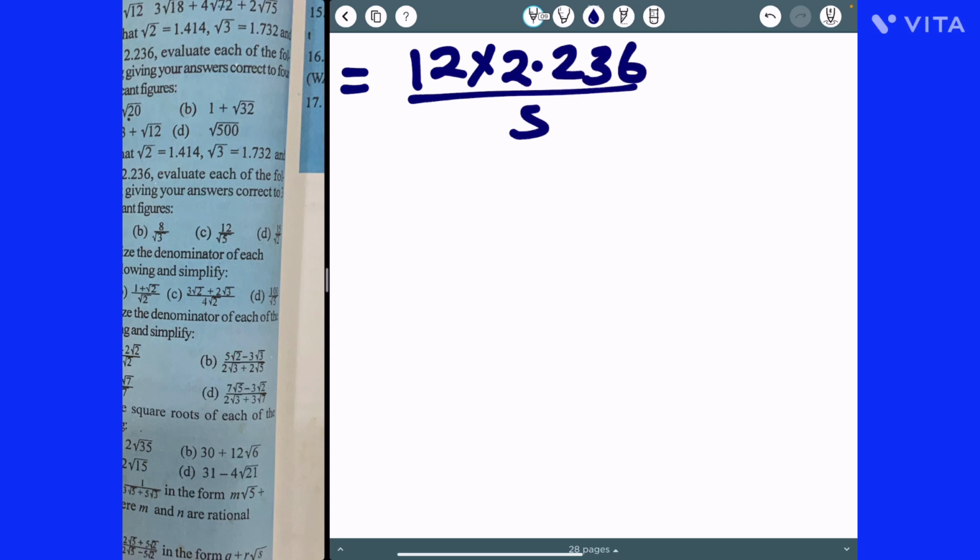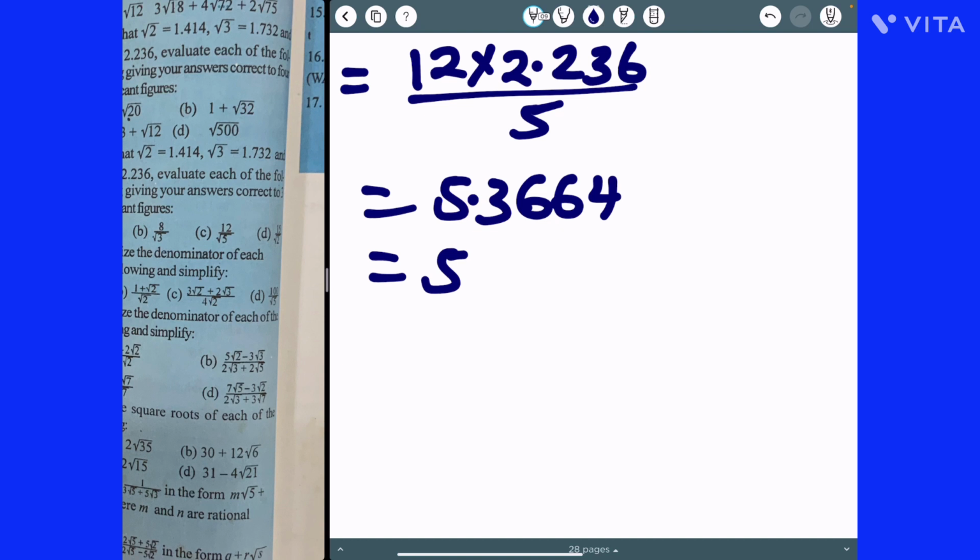Since I know the value of root 5, I'll simplify: 12 times 2.236 divided by 5. That gives me 5.3664. To write that in 3 significant figures, I need to take only the first, second and third figures.